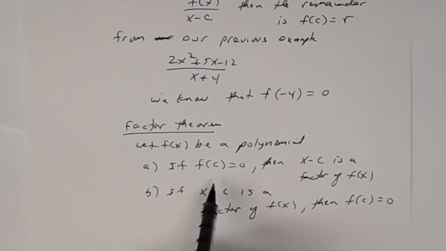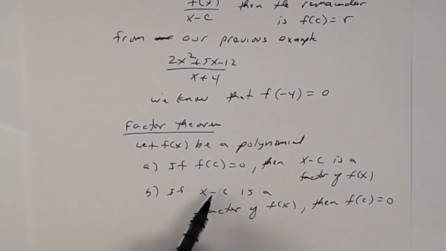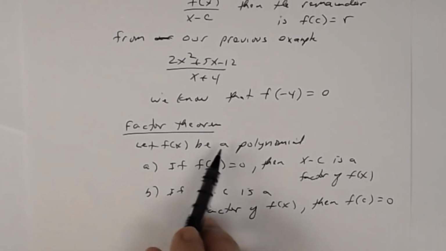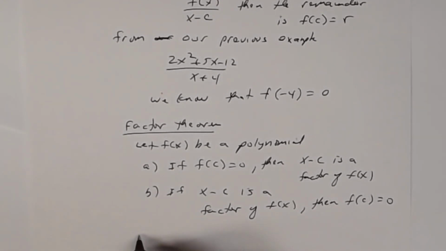If you're told that f of c is equal to 0, then x minus c is a factor. If you're told that x minus c is a factor, then f of c must equal 0. So you're basically going both ways. Sometimes they'll put these two together to make it look different.